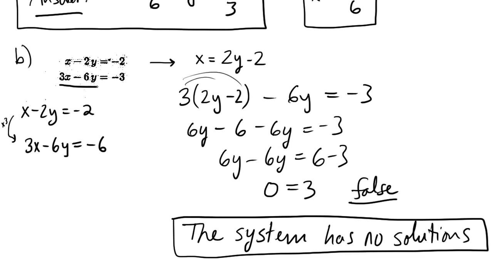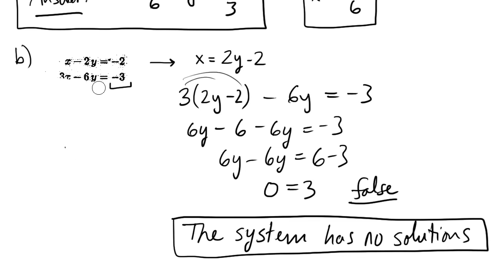But this second equation says it's required that 3x minus 6y be negative 3. But that's impossible, right? If the first equation turns out to be negative 2, then the second equation has to turn out to be negative 6. There's no way it could be negative 3. So that's maybe another way to see why it's true that this particular system has no solutions.